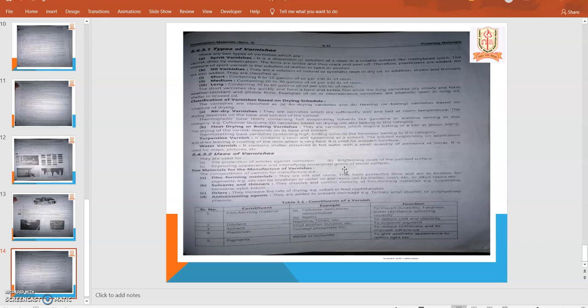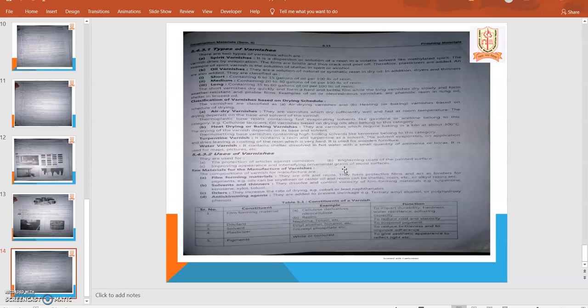The solvent evaporates on application and leaves a coating of the resin, which is very hard. It is used for wooden furniture. Then water varnishes. They contain shellac dissolved in hot water with a small quantity of ammonia or borax. It is used for maps and pictures etc.